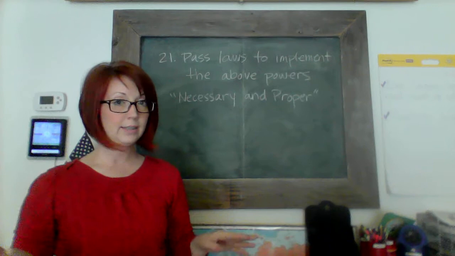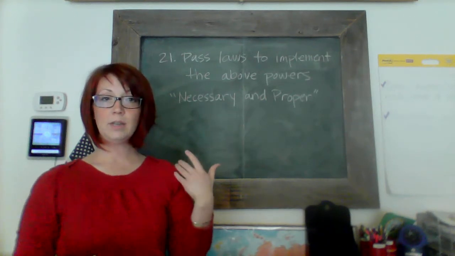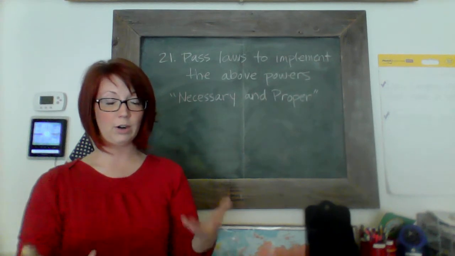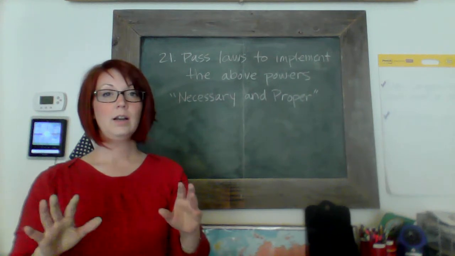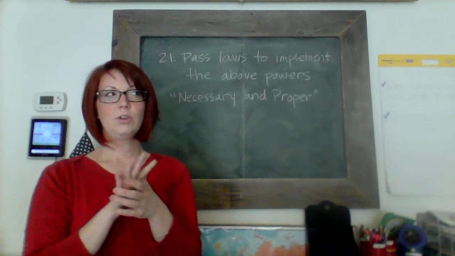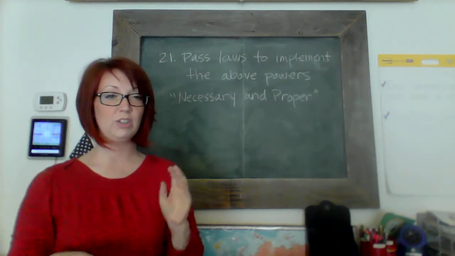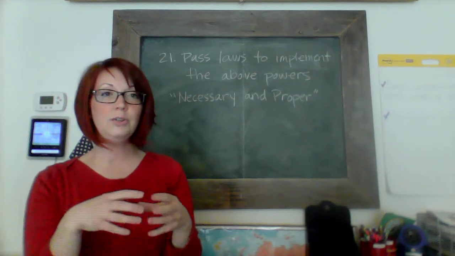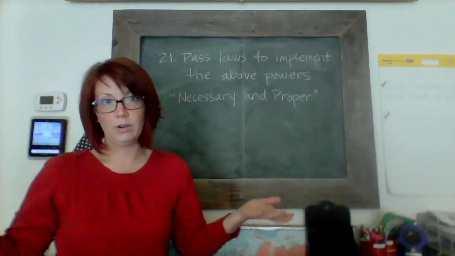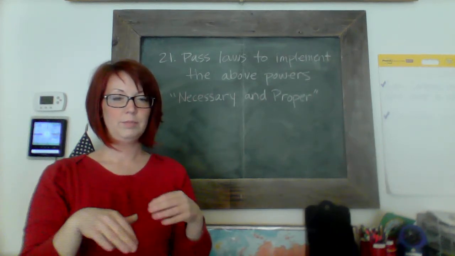They couldn't do anything else except those powers that were listed and what they deemed necessary for the general welfare of the nation as a whole. So the intent of that clause was to make sure that no special interest groups or states or local units were getting federal funding for whatever. They didn't want federal tax dollars going to local interests.